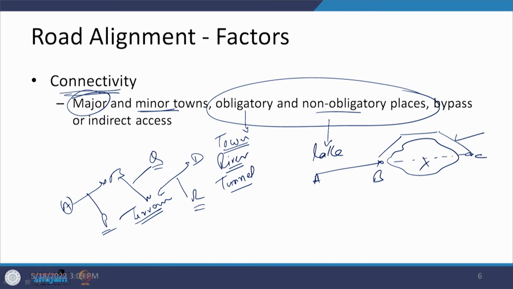So, that is a non-obligatory location, or a marshy area, or say a religious place, we should not pass through that, we can just deviate, detour and do that.